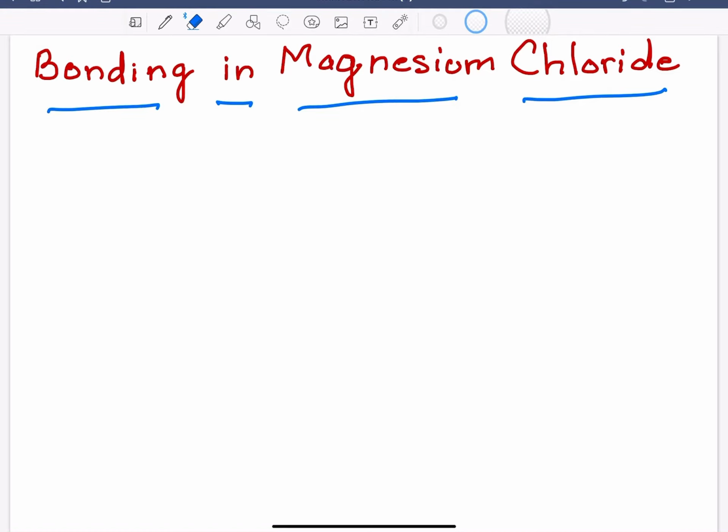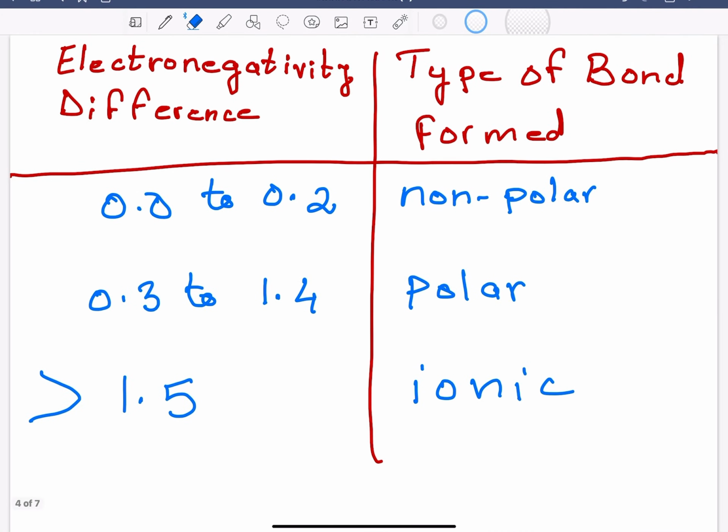Today I'm going to teach you how bonding takes place in magnesium chloride and also to find out what type of bond is taking place, whether it's a covalent bond or an ionic bond. Now, if you look at the electronegativity table and see the electronegativity difference, if the electronegativity difference is 0.0 to 0.2, the type of bond formed will be a non-polar covalent bond.